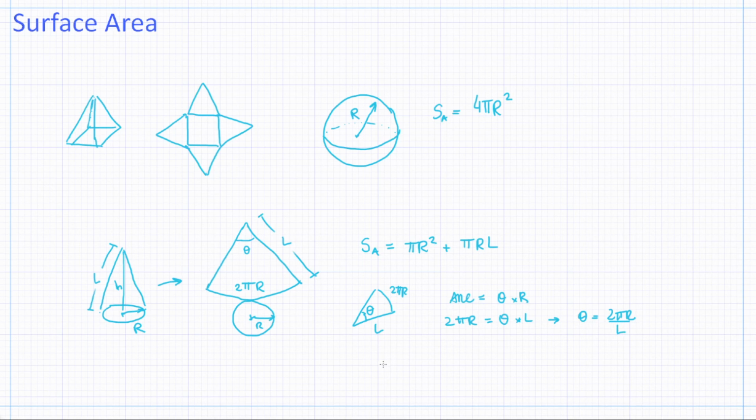Now if you also remember the equation for the area, so the area of an arc, it would be the arc itself multiplied by the radius divided by 2. Oh, sorry, it's the angle.